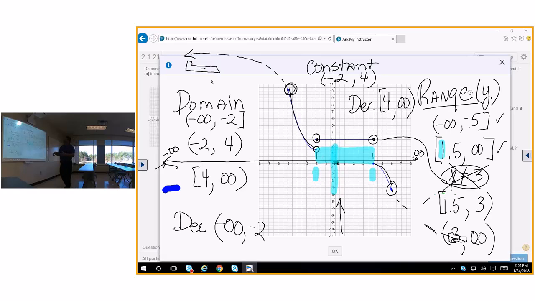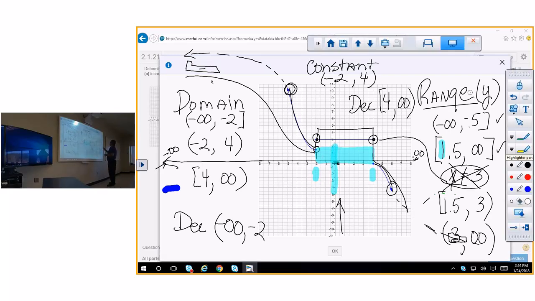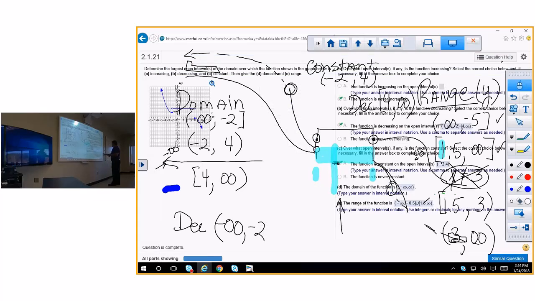In this plane, it was decreasing, jump the track, constant, jump the track, decreasing. And that should be the questions they ask for this particular problem. Let's see what they ask if the board will cooperate. Let me erase everything now.